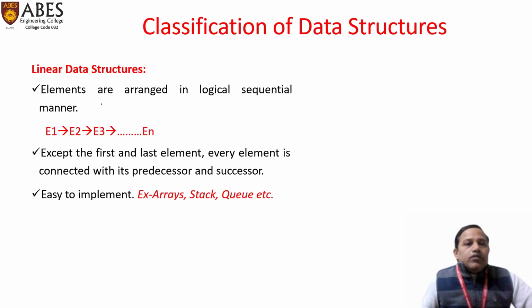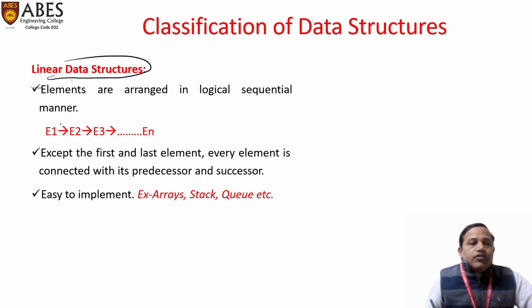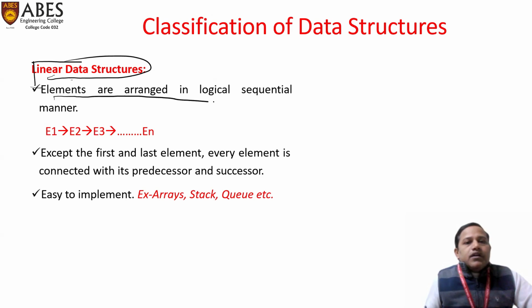Now, what is linear data structure? Linear data structure is a non-primitive data structure. In linear data structure, elements are arranged in a logical sequential manner, one after another at the same level.